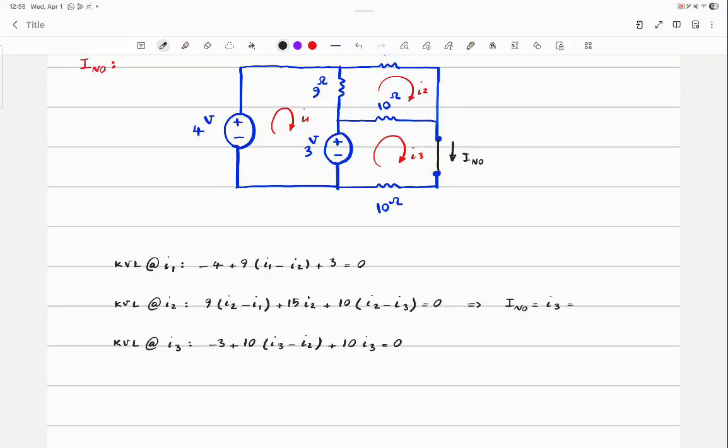As soon as you get to the value of I3, let me know. 0.2125 amps.